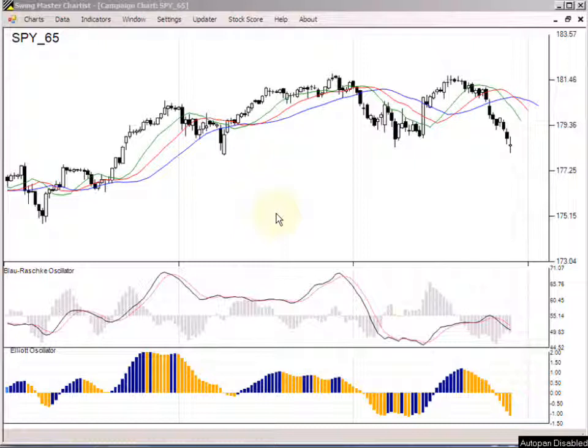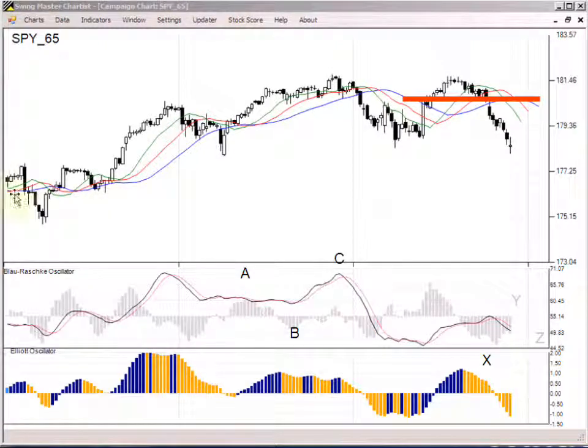But we can see just from this picture that even on the 65-minute chart, we have what's looking like a doji coming here, but momentum is still heading down as indicated by the lower bars in the Elliott oscillator or 534 MACD. But the Blau-Raschke oscillator has an interesting characteristic I'm going to show you in this slide.